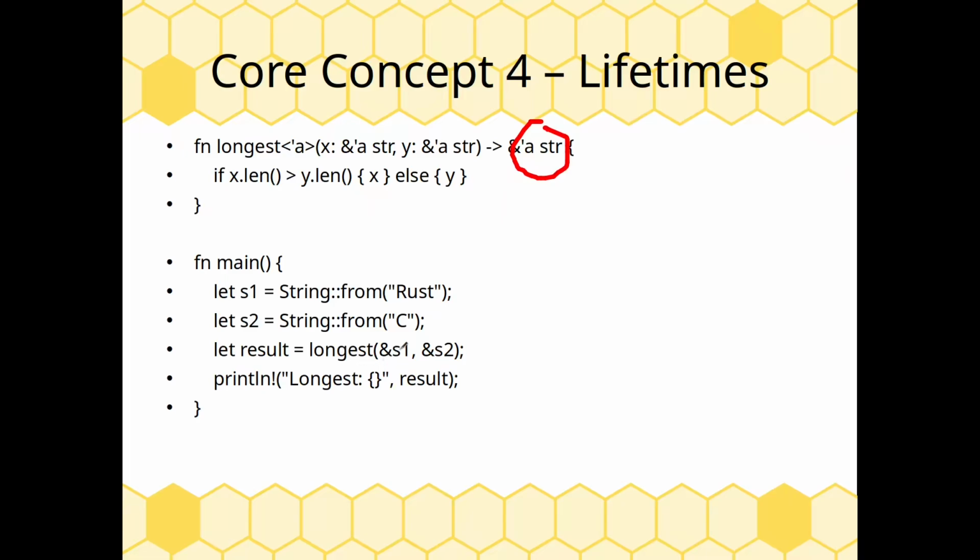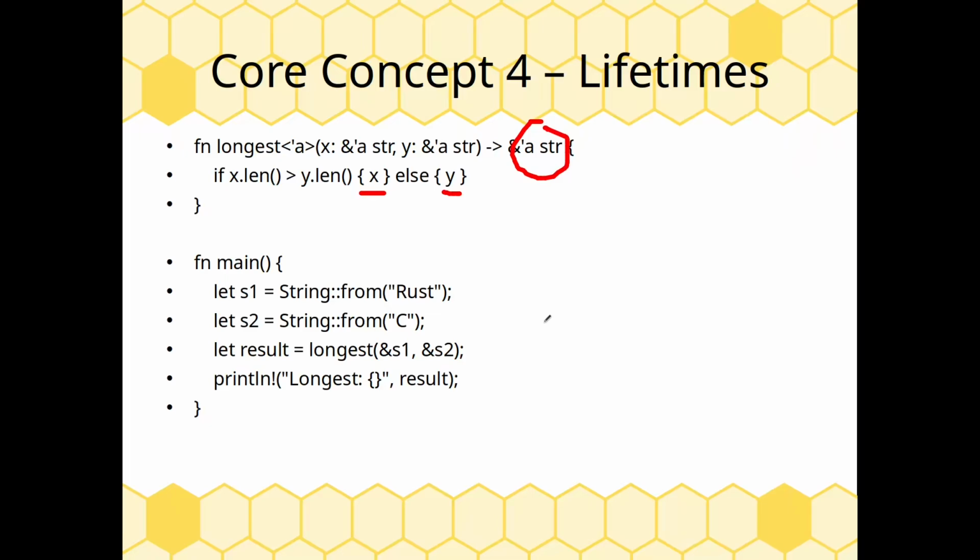So I hope you understand the concept here. That means the output variable's lifetime depends on the input variables, and as you are giving x and y as inputs, you are giving the same values as output. So the output's lifetime depends on the inputs' lifetime.